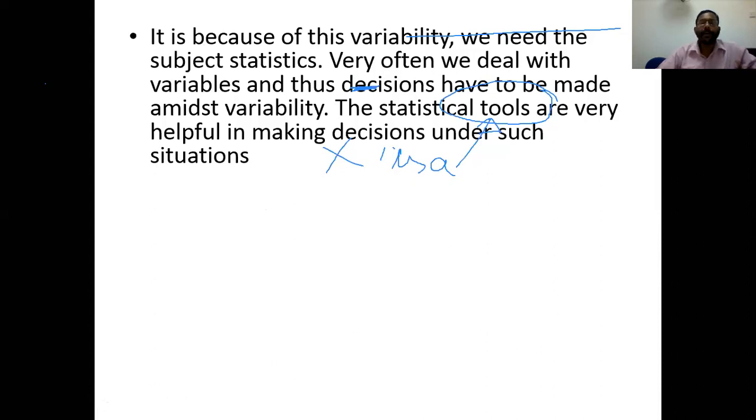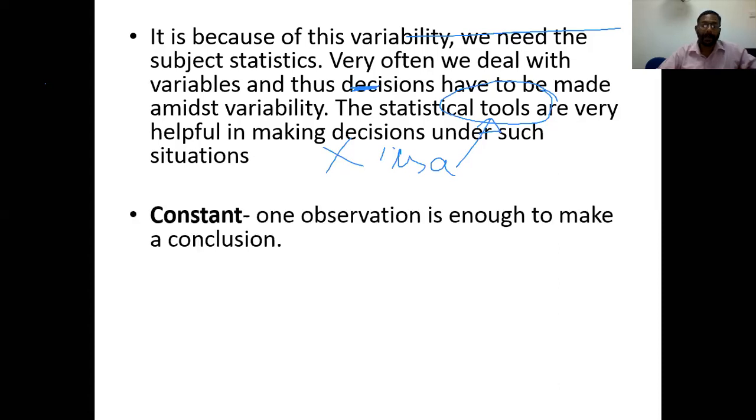I have already pointed out: very often we deal with variables, and thus decisions have to be made based on the variability. Statistical tools are very helpful in making decisions under such situations. Under which situation? When there is a variability.